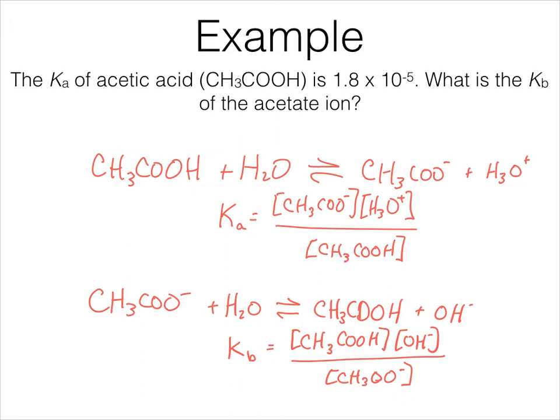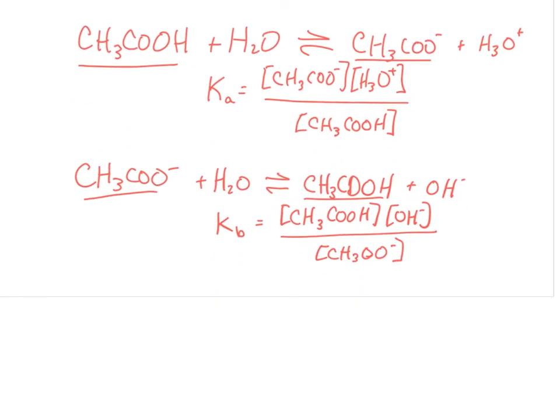So since the acetic acid and the acetate are conjugate acid-base pairs of each other, we can use the Ka of the acetic acid to find the Kb of the acetate ion.